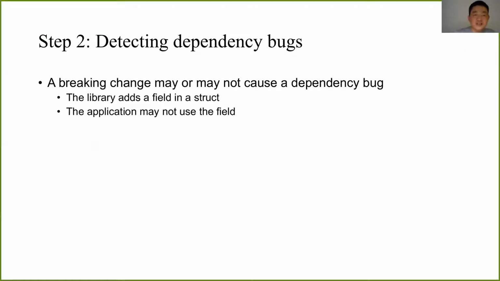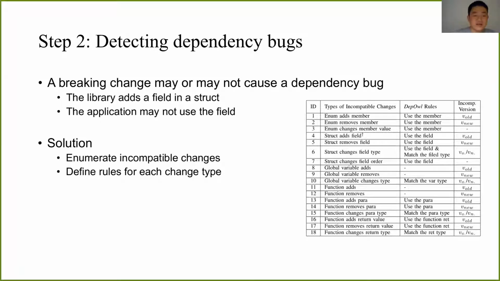A breaking change in a library may or may not cause a dependency bug in an application. For example, the library adds a field in a struct, while the application may not use the field.